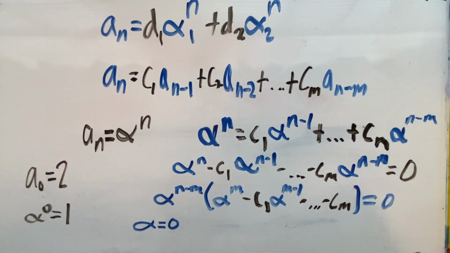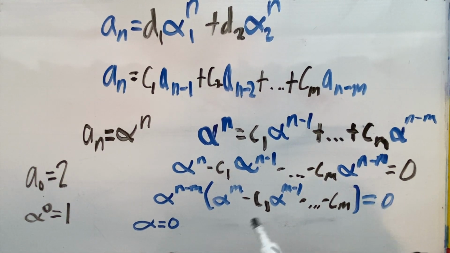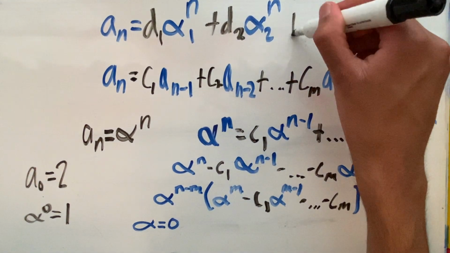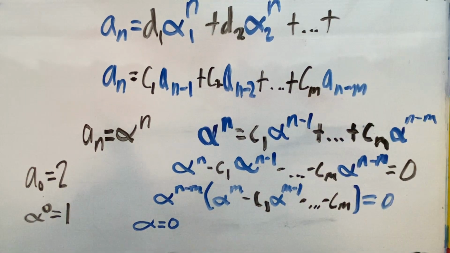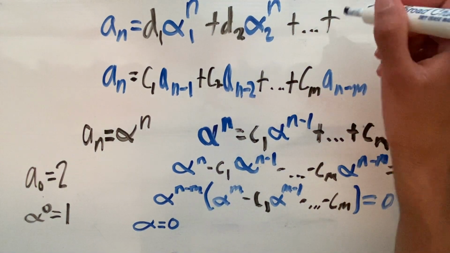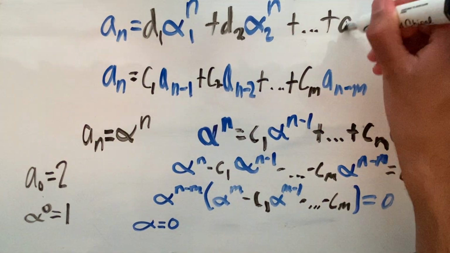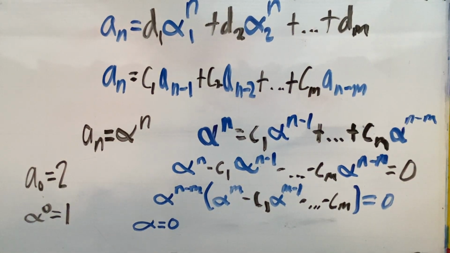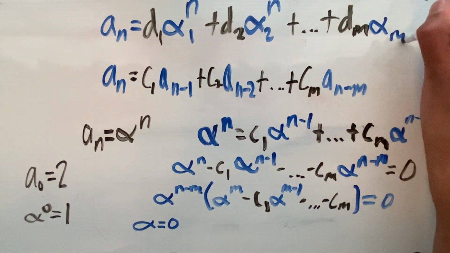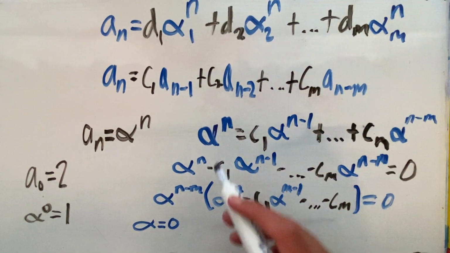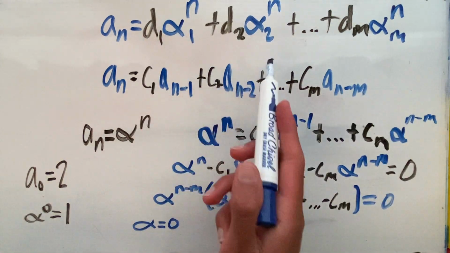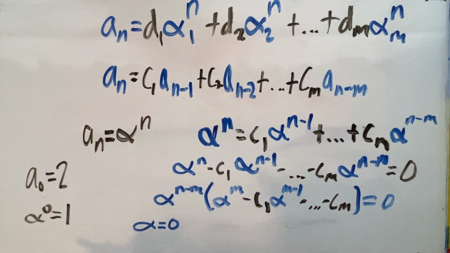You should again have several solutions for alpha, I think it should be m solutions. So you would have d sub m alpha sub m to the n power, and this will somehow work. I will definitely be giving examples which demonstrate this.